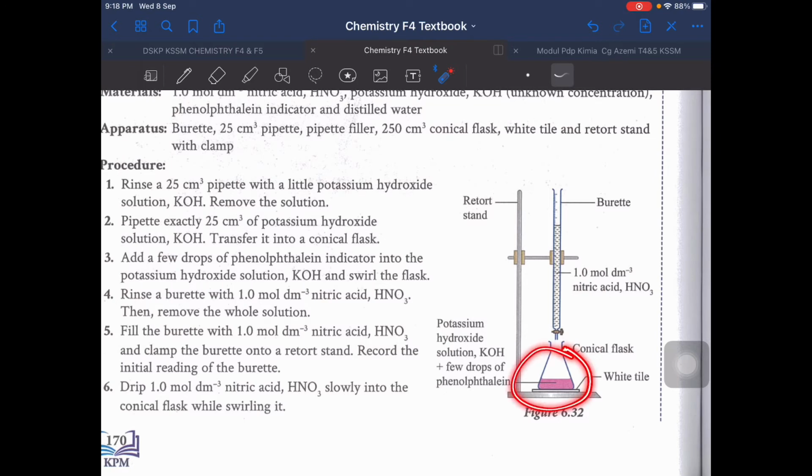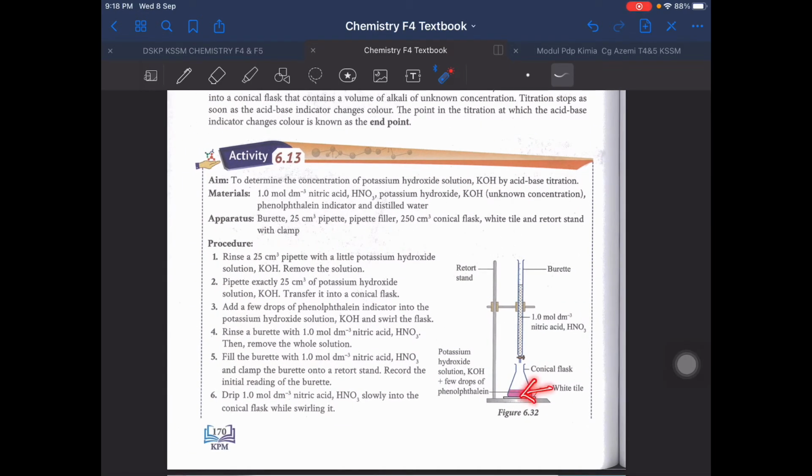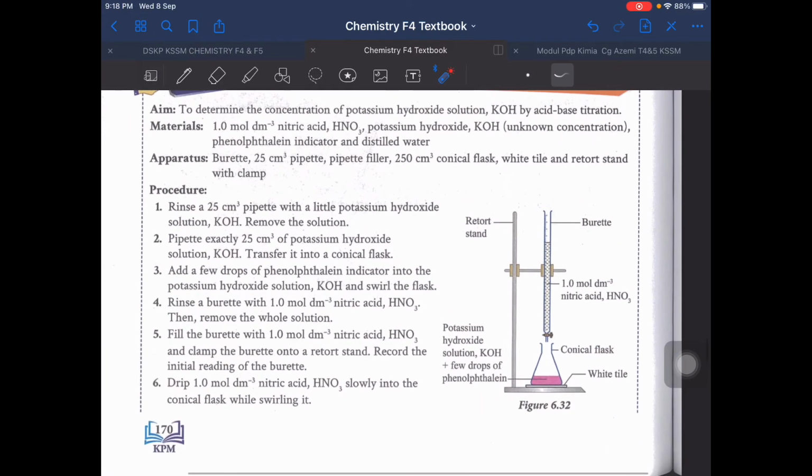So, how to know that dia sudah neutral? We will see the color changes from pink to colorless. Okay, pink to colorless. So, bila nampak itu pink color sudah change to colorless, stop lah. Stop. End point sudah. You reach the end point. Titration, done. Neutralization, achieve. Begitu maksudnya.